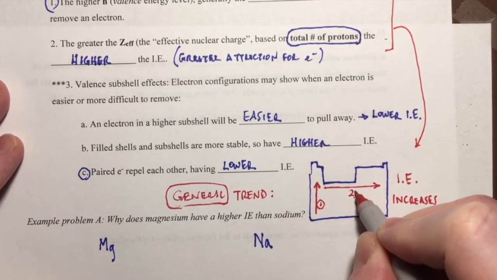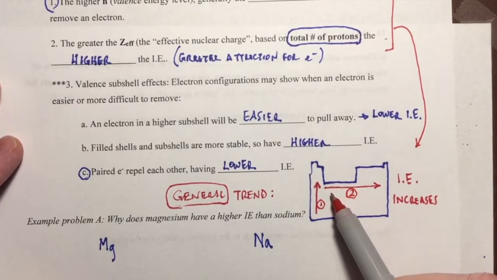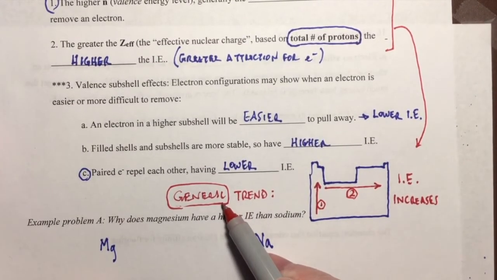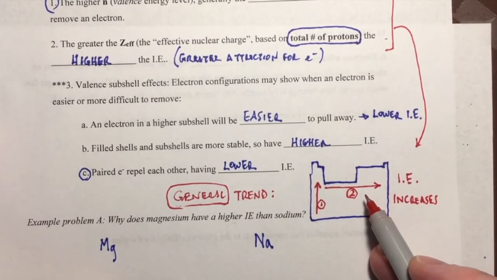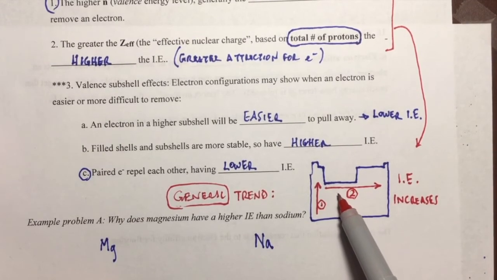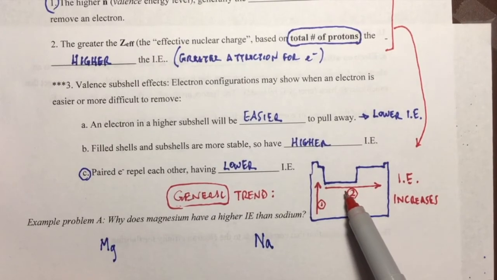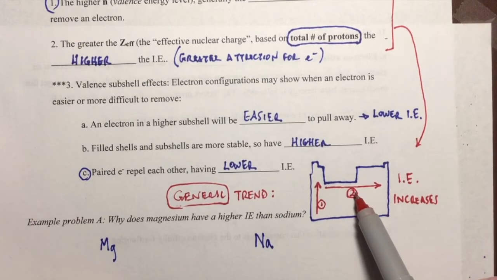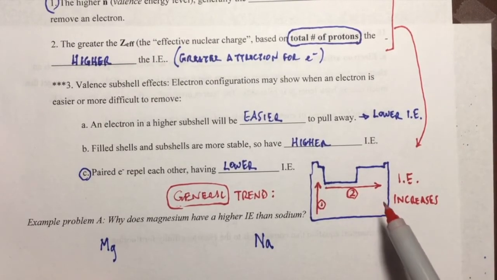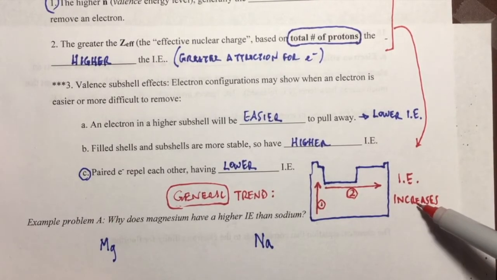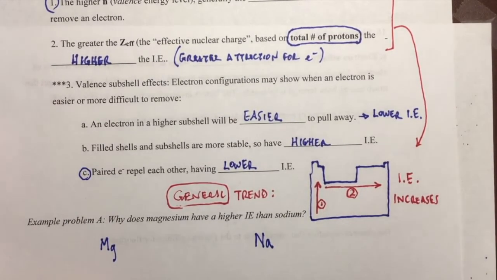And this is rule 2 that talks about the number of protons. And as I mentioned, there are important exceptions to this general trend. And the exceptions occur to this rule 2. In some cases, it is not a smooth transition to more and more ionization energy. There are exceptions to that general trend as you go across a periodic table, where ionization energy actually decreases as you go from one column to the next.